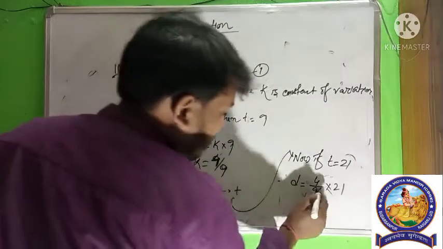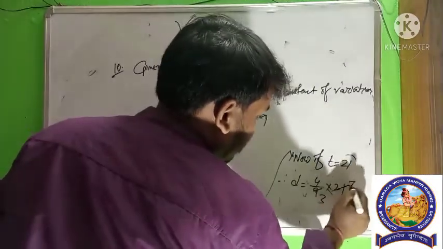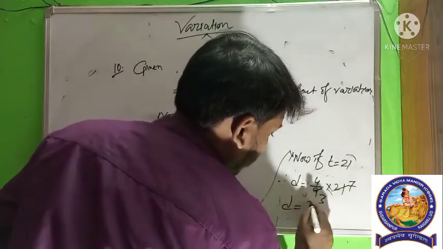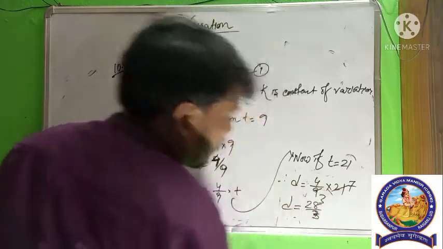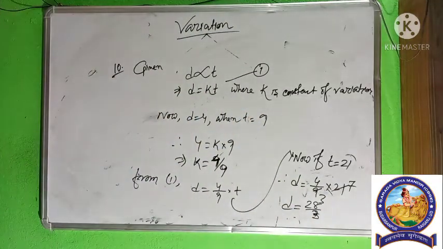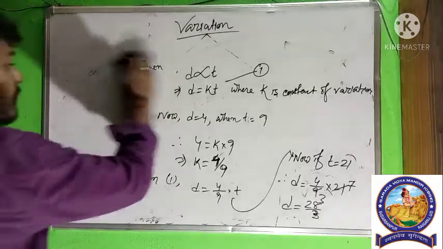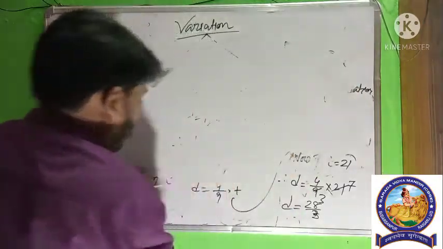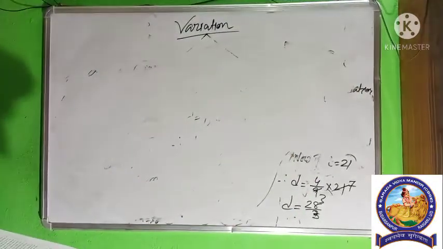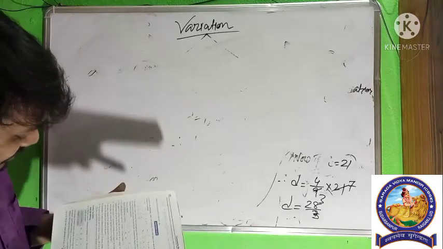So 3 3s are 9, 3 7s are 21, d equals 28 by 3. 28 by 3 is the value of d. Very easy. Okay, number 10 complete.